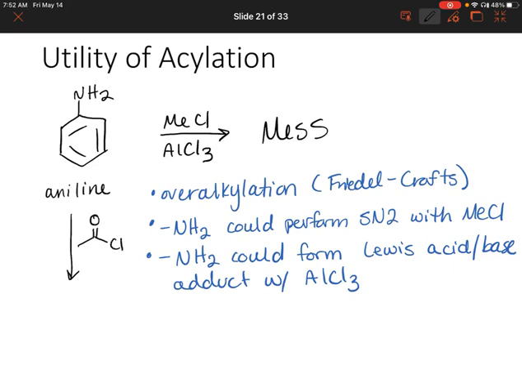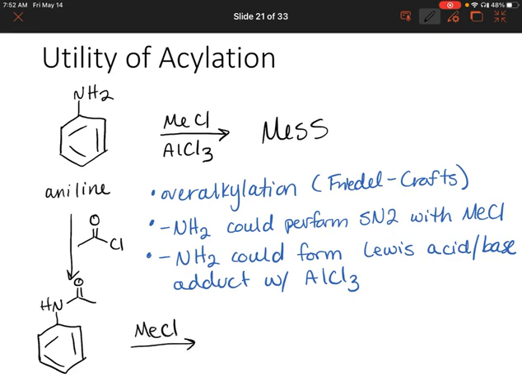Now you might be wondering, I think I did a reaction like this in the past where I used Friedel-Crafts alkylation, and that's okay. We didn't know that it would create a big old mess, but now we do. So what we'll do is, to avoid a big old mess, we will acylate our nitrogen.